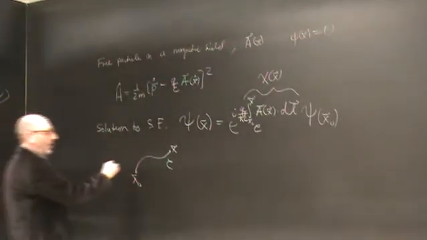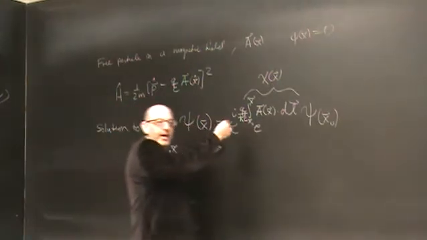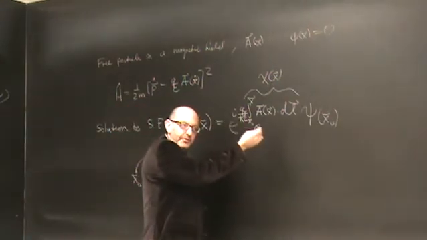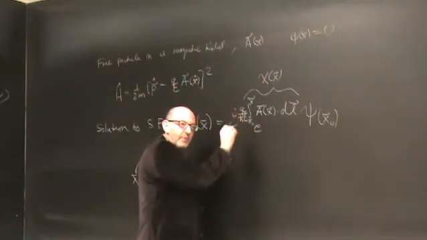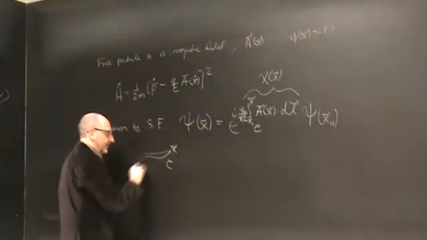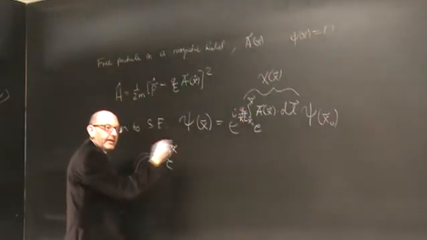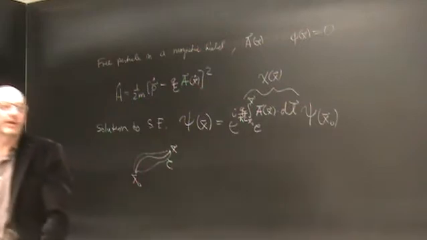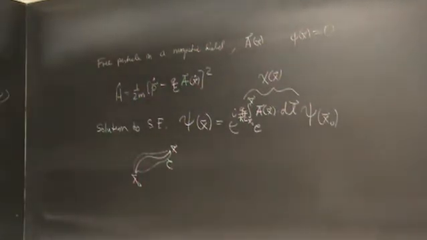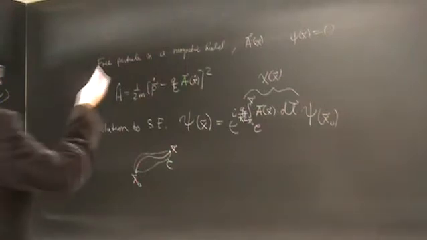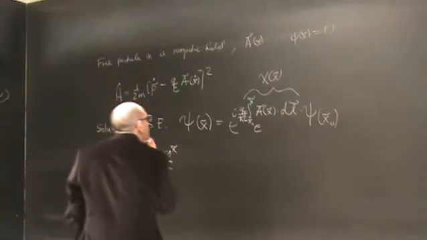I should really think about this from a path integral perspective, where I sum over all possible paths that get me from one to another. Okay. So that's fine. It's interesting.